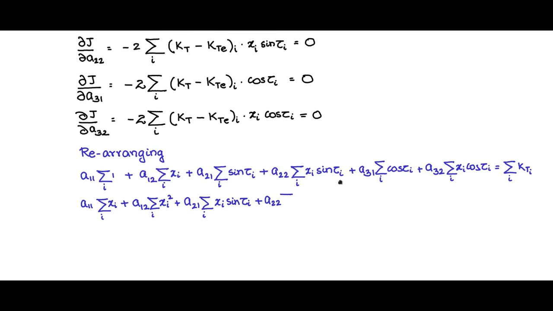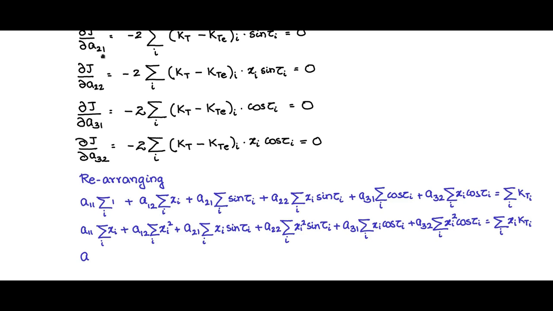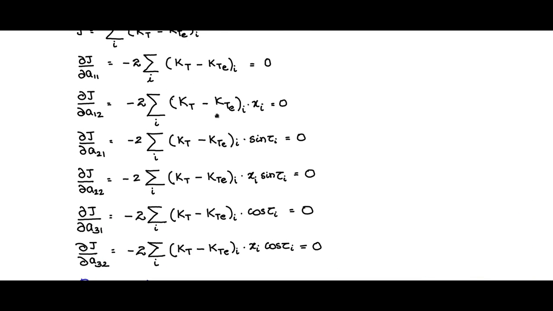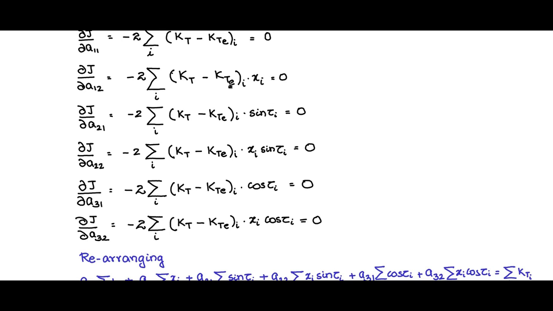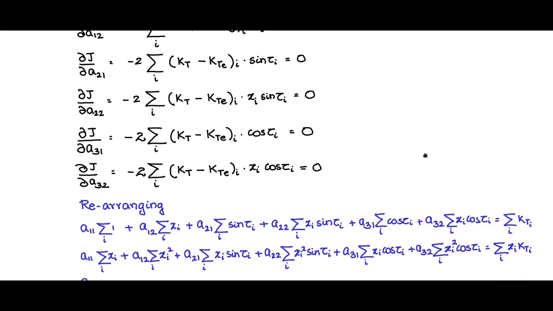I will just run through. You can do that for all the terms. So the second term here, you will see that xi kti. Now that is what becomes xi kti, and kt estimate into xi, and that's what comes in here.